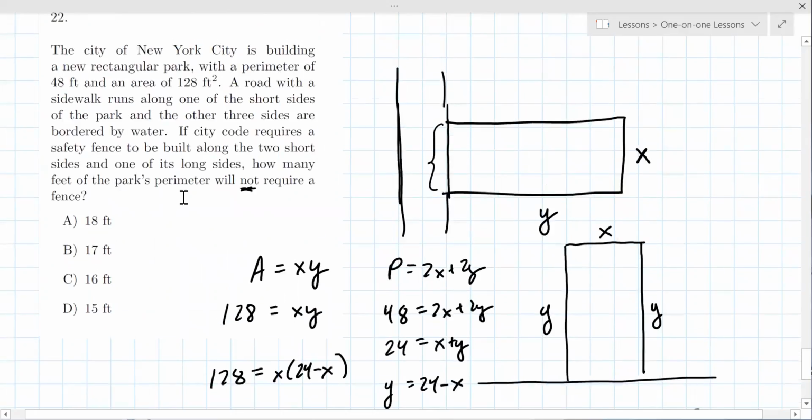Wait, what? This looks like it might have a mistake in it. Look at the solution here. Will not require a fence. So, yeah, this one unfortunately has a mistake in it. In ours or in the solution?